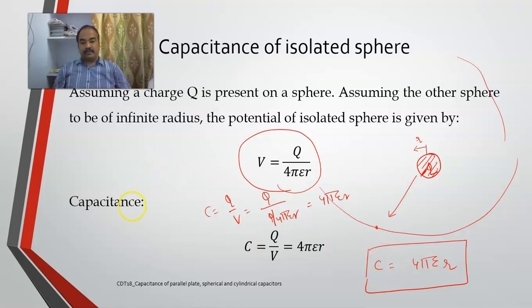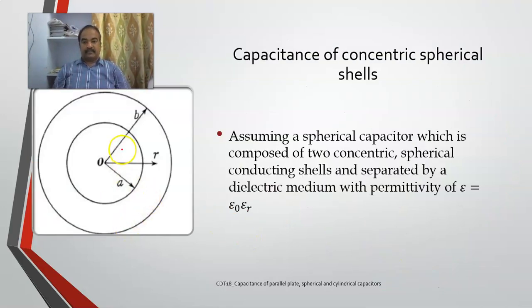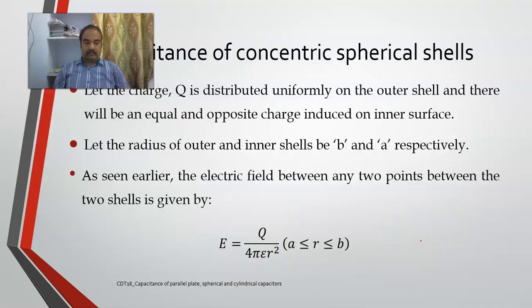Now let us suppose there are two spheres in this fashion. The inner one is having a radius of a, the outer one is having a radius of b, and r is one term which varies between a and b. So in this case, what is the capacitance of this particular configuration? Assume that the separation between these two spheres is filled with a dielectric medium of permittivity epsilon.